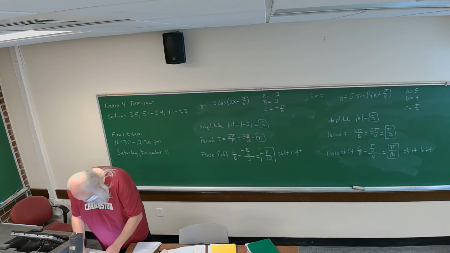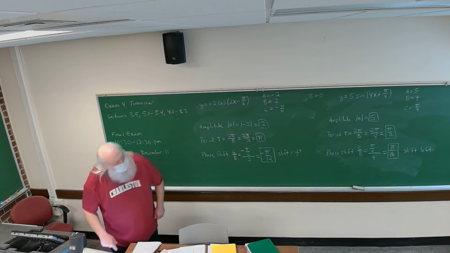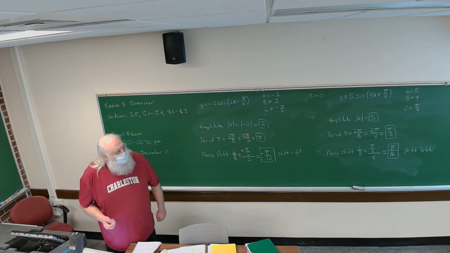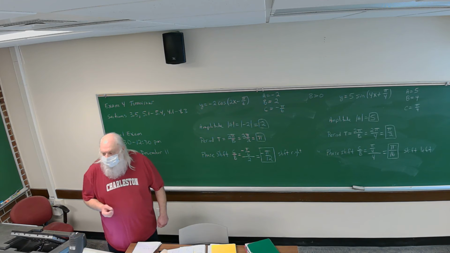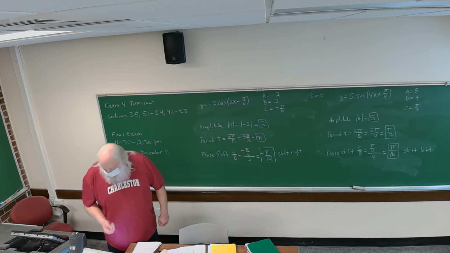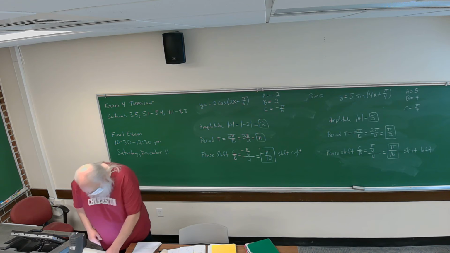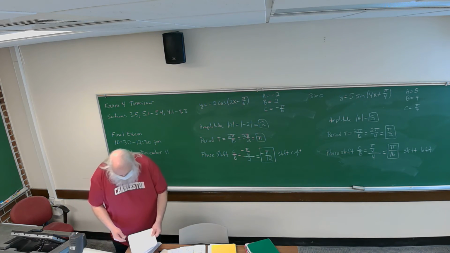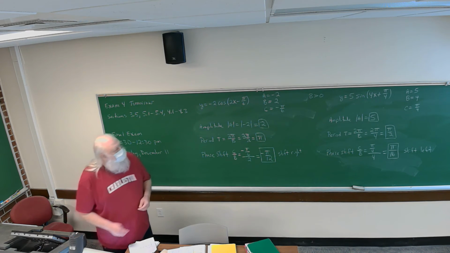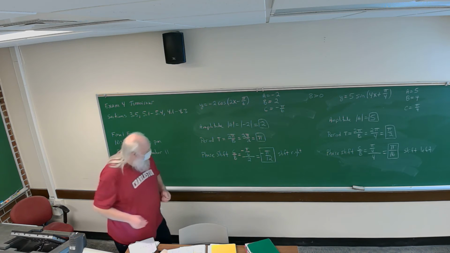So the only difference between page 5 and page 7 is the addition of a phase shift. Okay? C is equal to 0 on this page. On this page, C is equal to minus pi over 4. Right? So there's a phase shift. Okay? So we can graph this function.